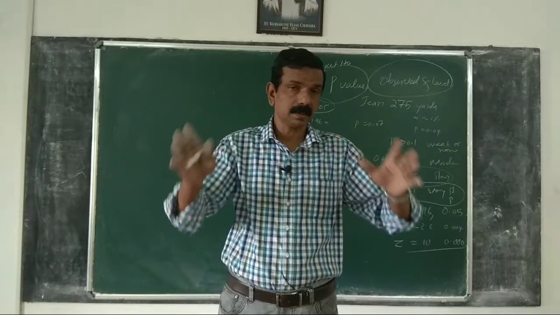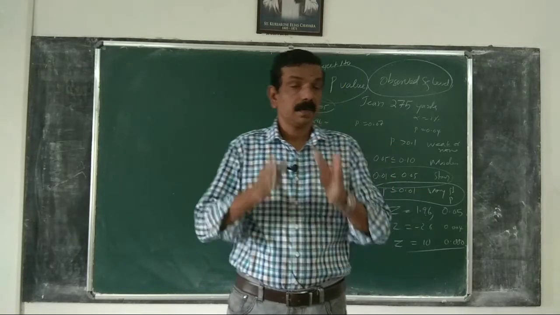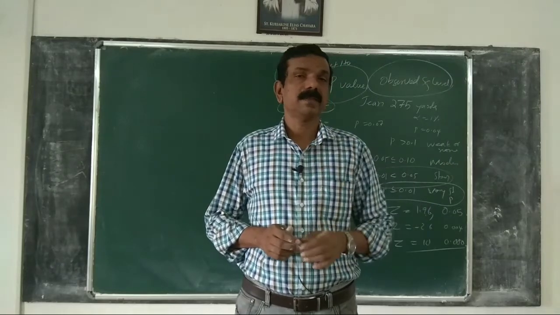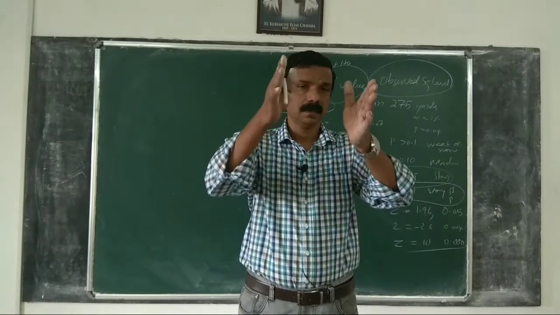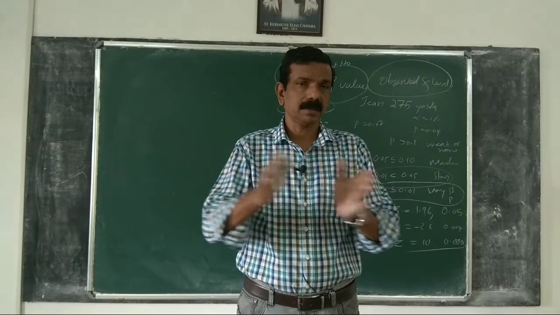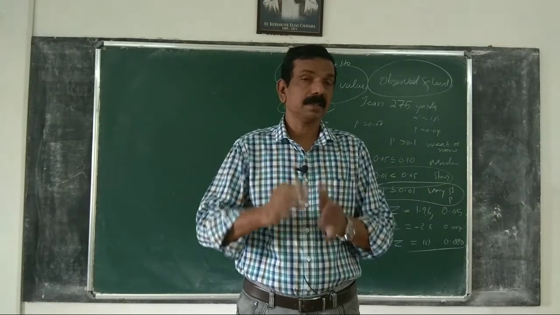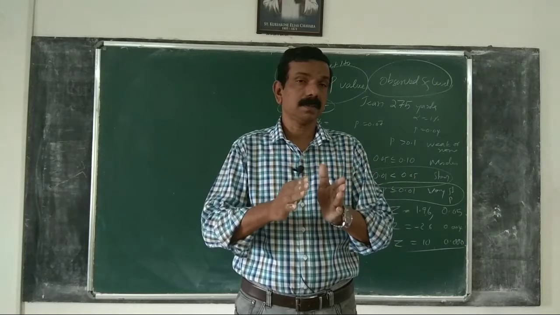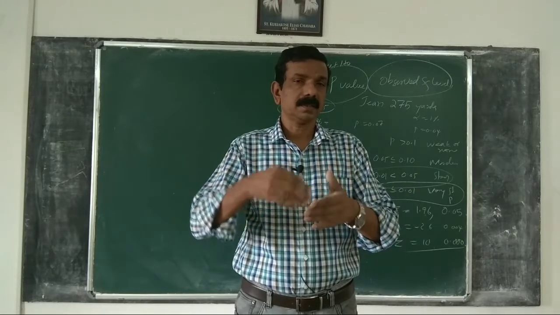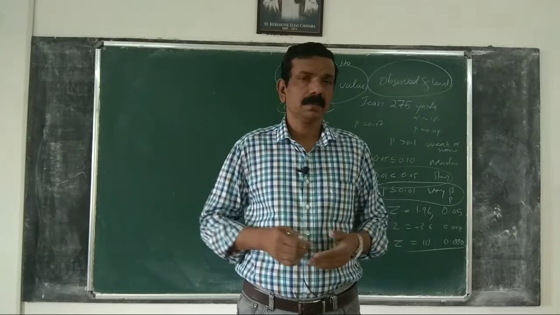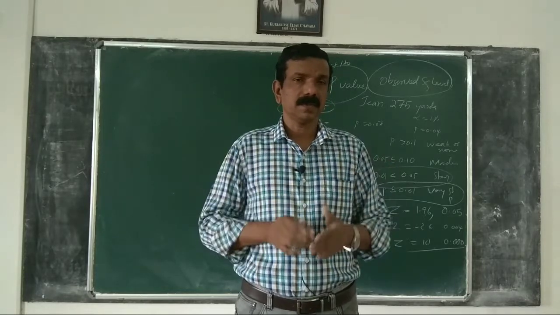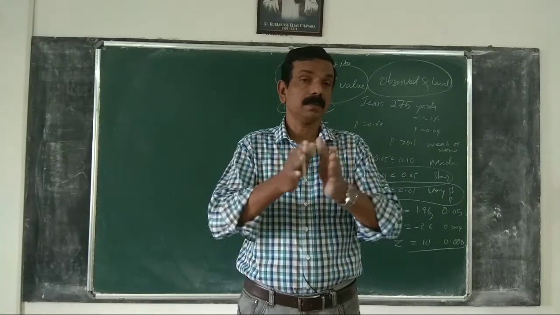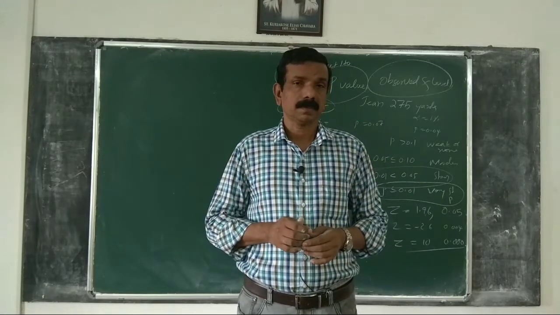In all these cases, we have a test statistic based on the sampling distribution of an estimator, and the value of this test statistic is divided into acceptance region and rejection region. Our decision to accept or reject H0 depends on whether the value of the test statistic obtained from the sample, at a chosen level of significance, is in the critical region or in the acceptance region. That is the only point which you are supposed to remember.